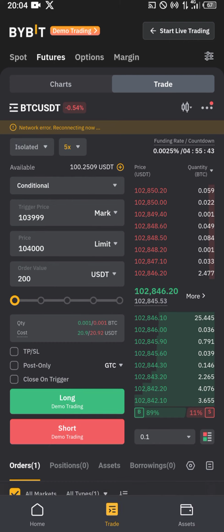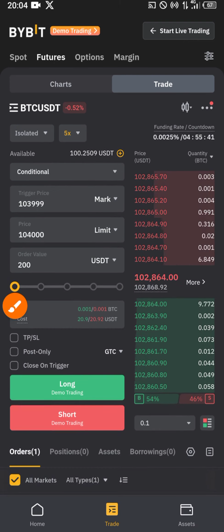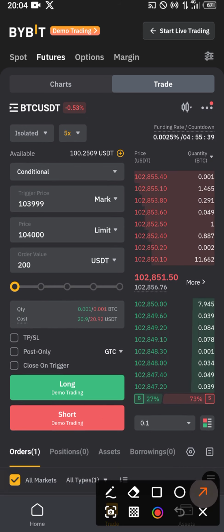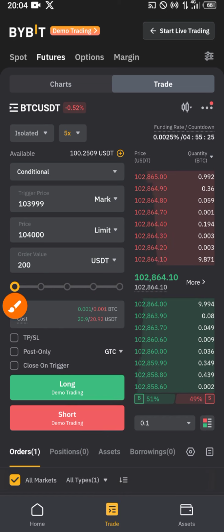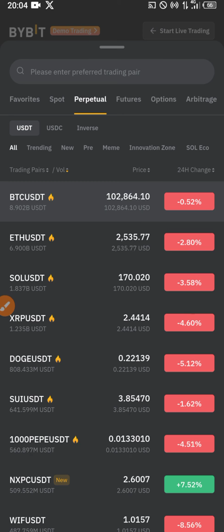The price you are seeing here, multiplied by quantity, is going to give us order value. Okay? So now let's use another coin for example. Let's use Ripple.